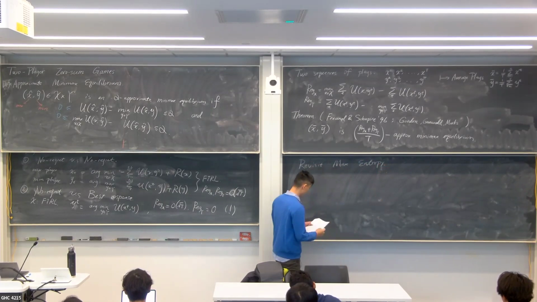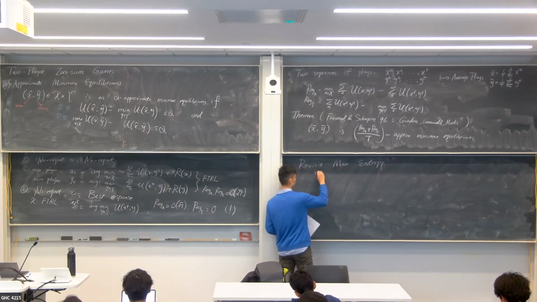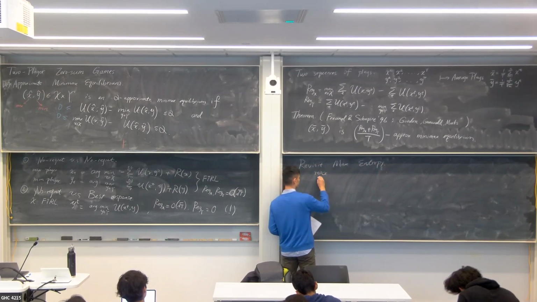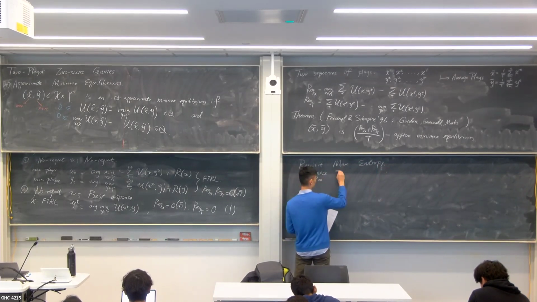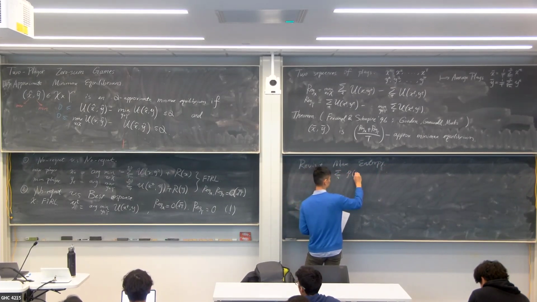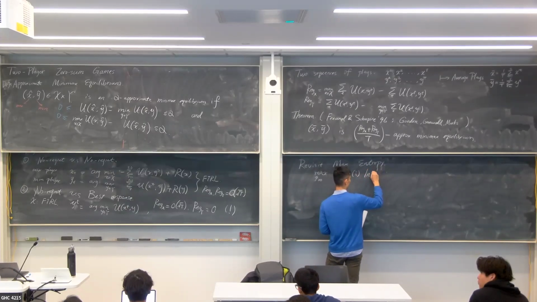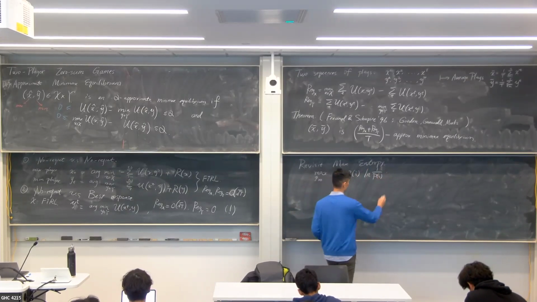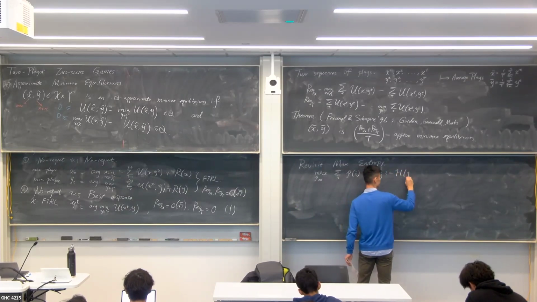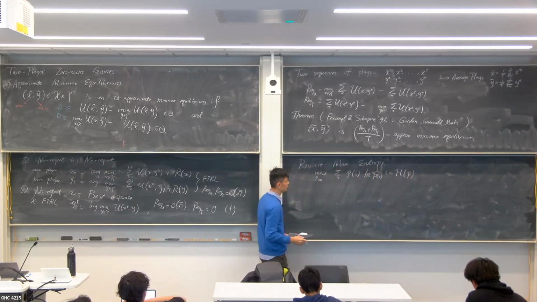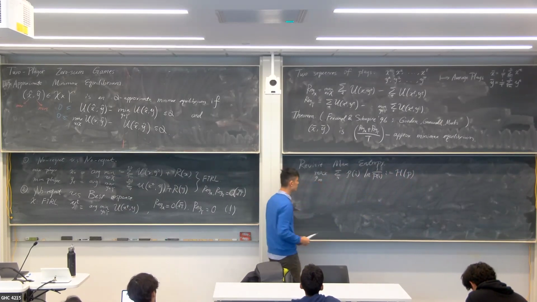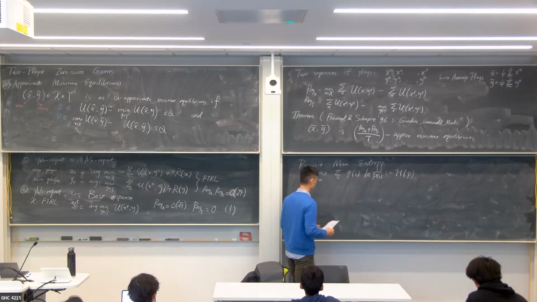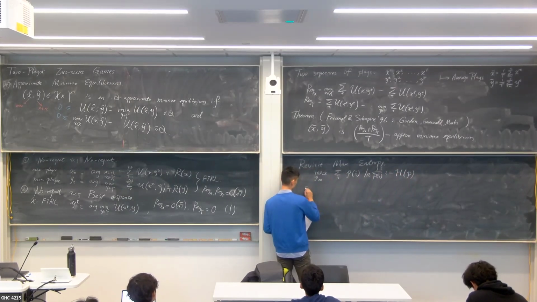So what is the problem? You want to maximize over some probability distributions P, everything non-negative, what is called the entropy. So usually the maximum entropy problem is maximizing some entropy function. You want to find the probability that maximizes this entropy function, subject to some constraints.